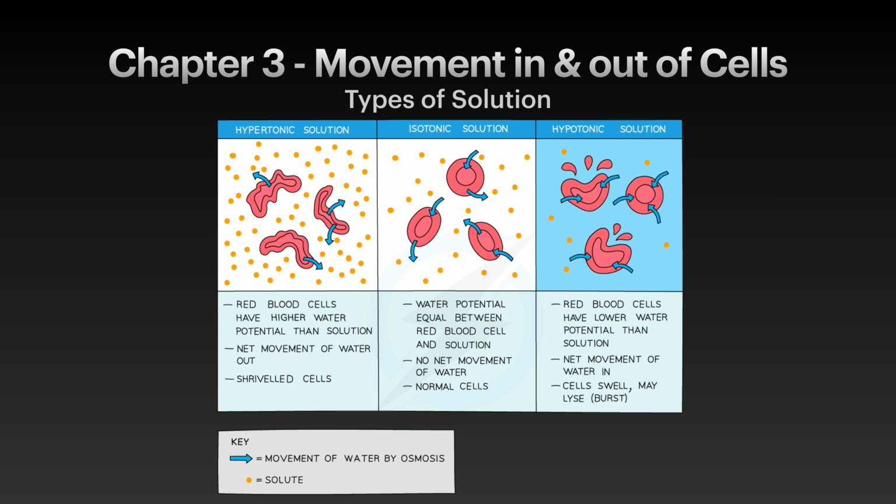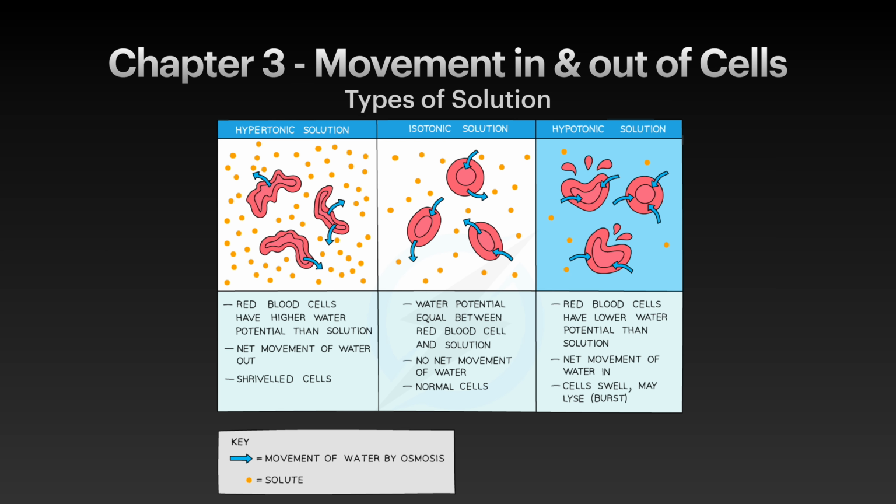In a concentrated solution, the water moves out of the cell. The cytoplasm shrinks. The cell becomes crenated. And in isotonic solutions, there is no net movement of water. The cell remains normal. Either way, the process remains the same.